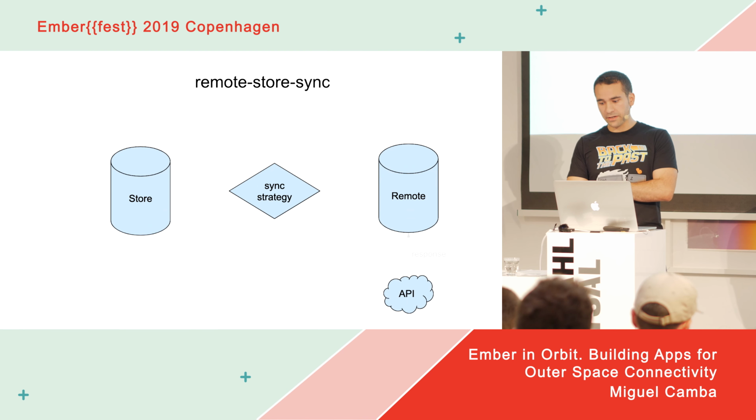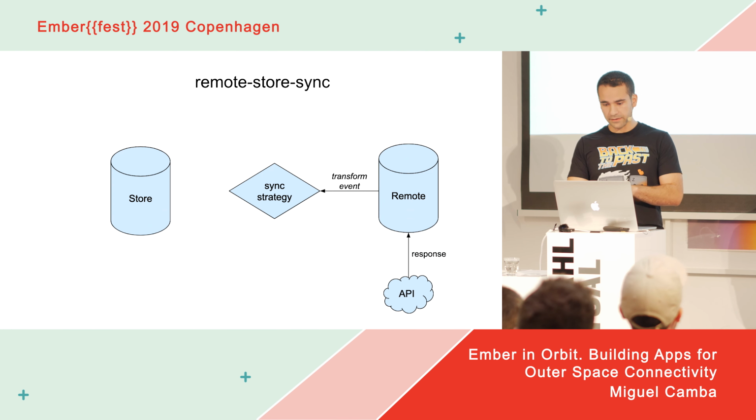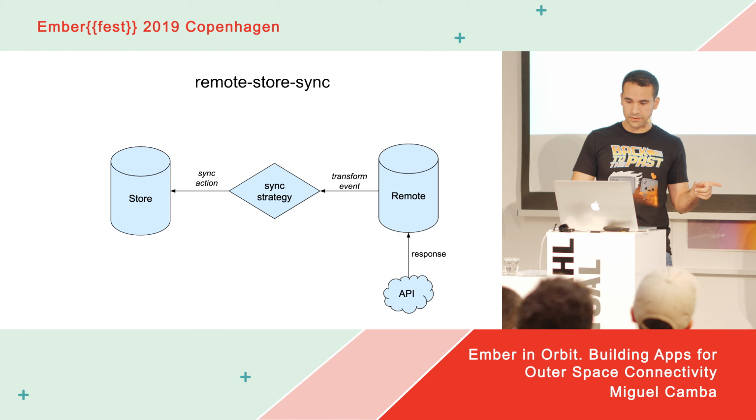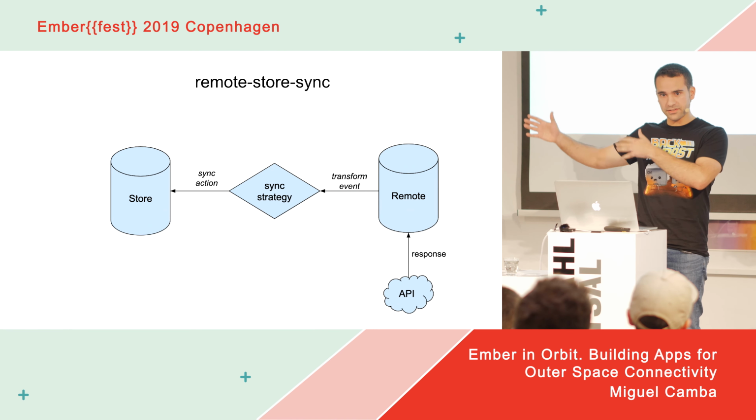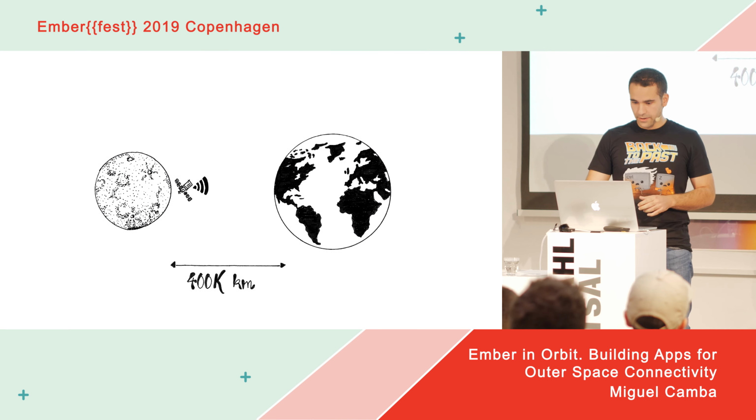And the other way around, when you get a response, this triggers a transform event, and the sync strategy is listening for that transform event and calling the sync action on the store, effectively making you aware that a change happened on the server and you got a response.